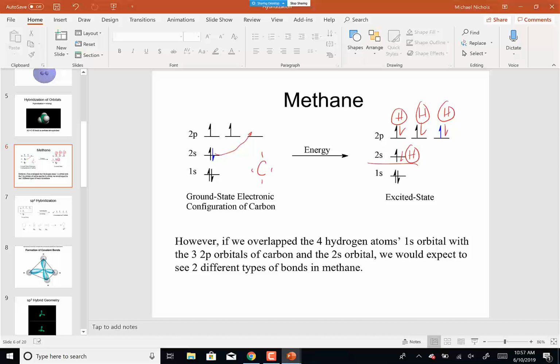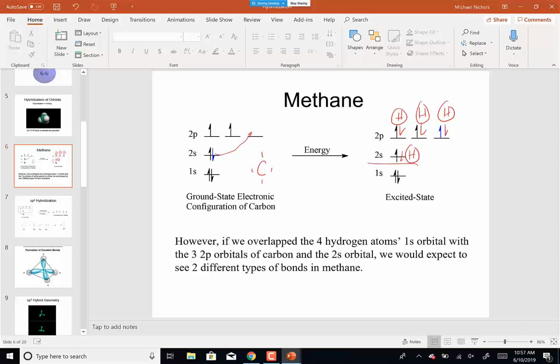Well, if that was truly the case, would methane be symmetric? No. But I said at the beginning that methane is symmetric. So problem number 1 solved, I've got 4 unpaired electrons. Problem number 2 not solved, because I have a symmetrical methane molecule, but I have orbitals that aren't symmetric.